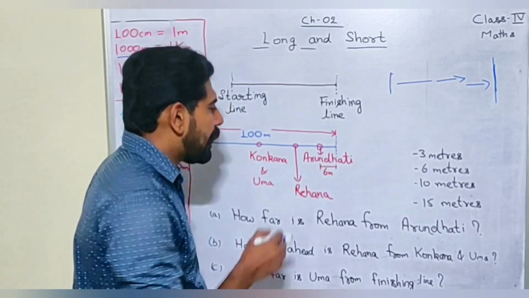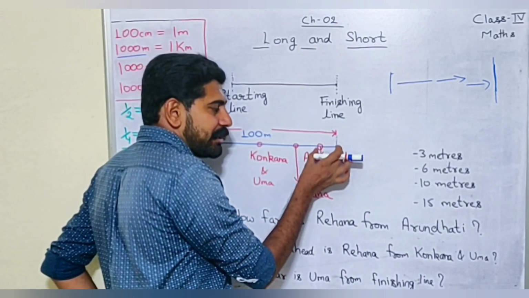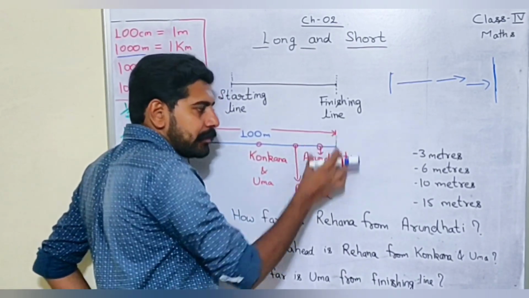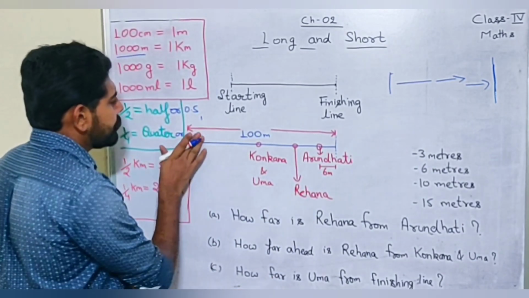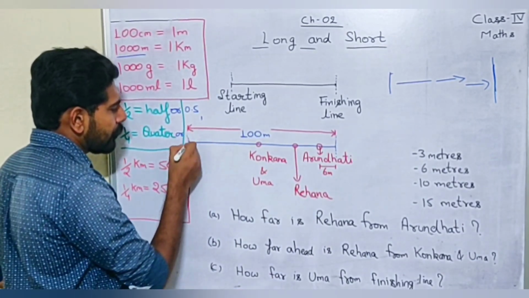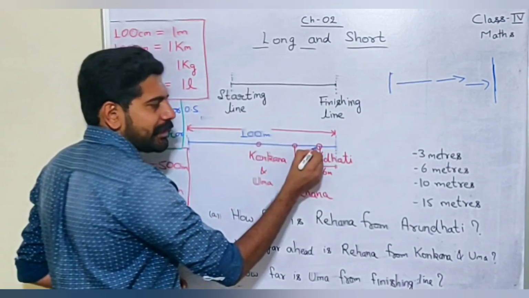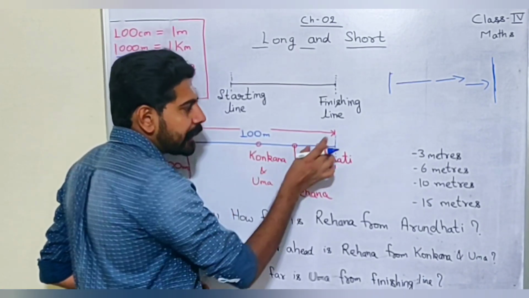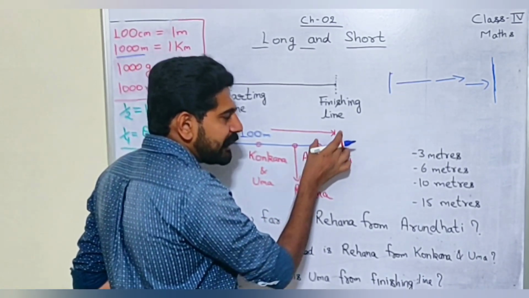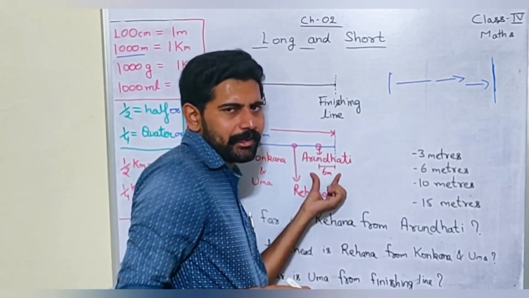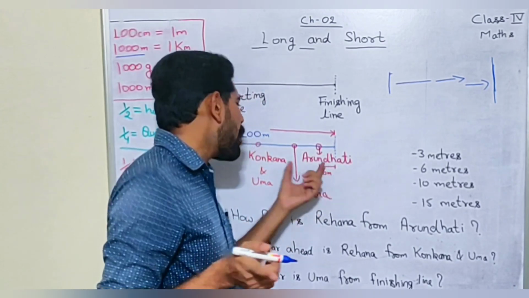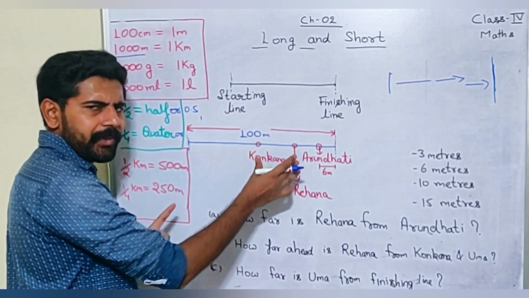At that time, Arundhati was just 6 meters before the finishing line. That means from here she has reached this point, but to reach the finishing line she still needs to run 6 meters. Can you guess how many meters had she run? How many meters?